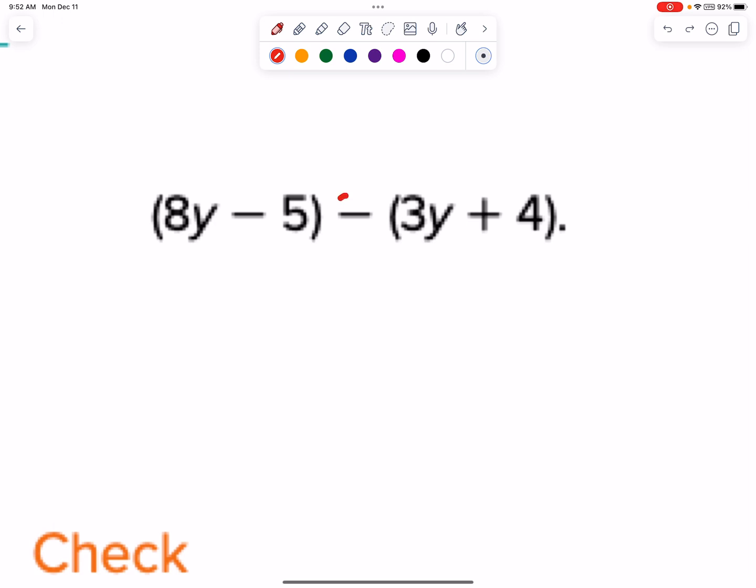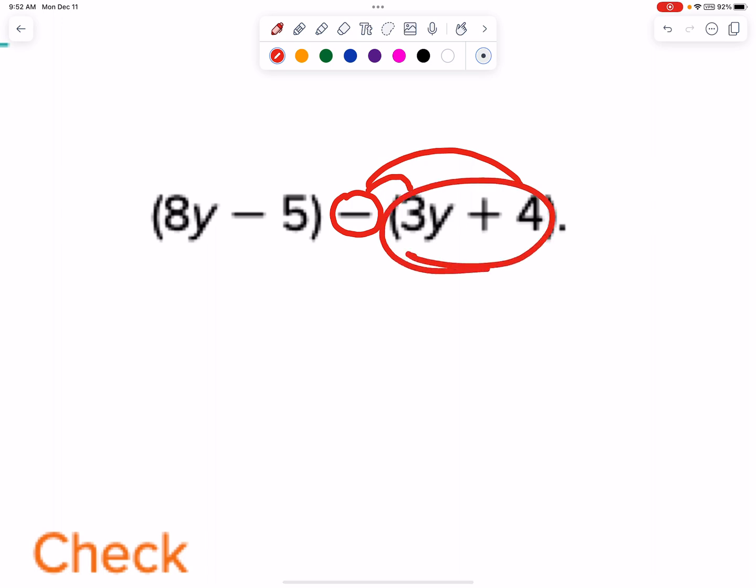To get this subtraction gone, we're just going to distribute it, because really we're saying that we have a negative of this entire expression. So you can't just put it on the 3y, and you can't just put it on the 4. You have to put it on both of those so that we're representing it correctly.